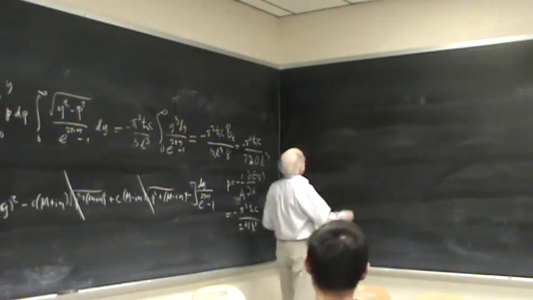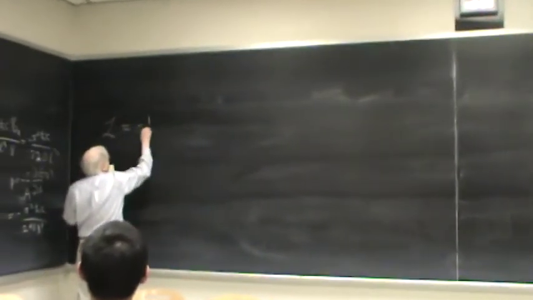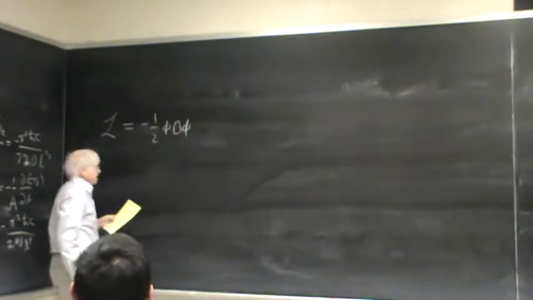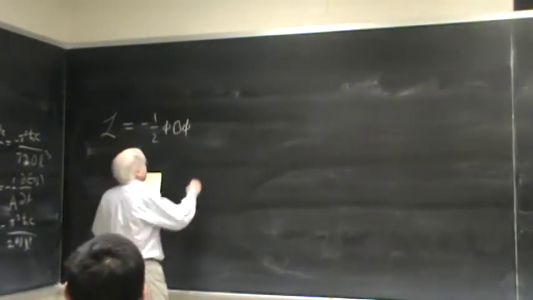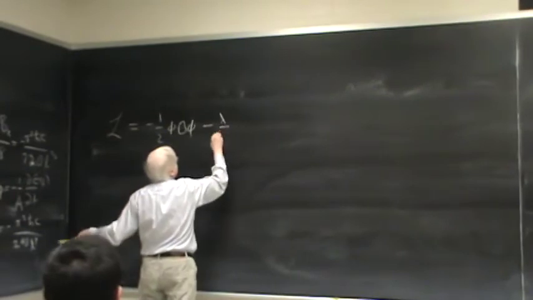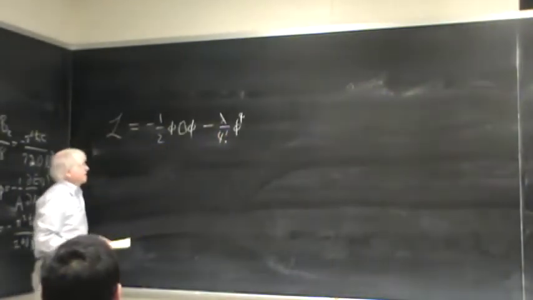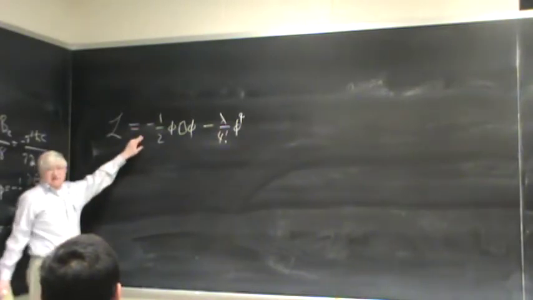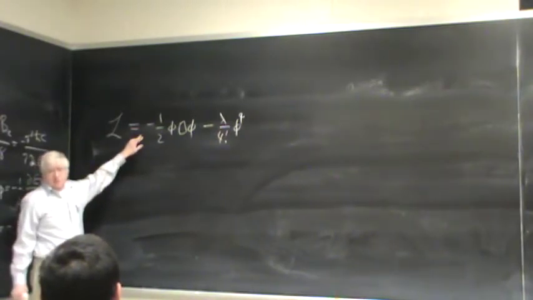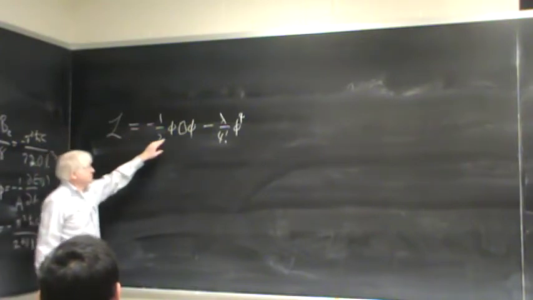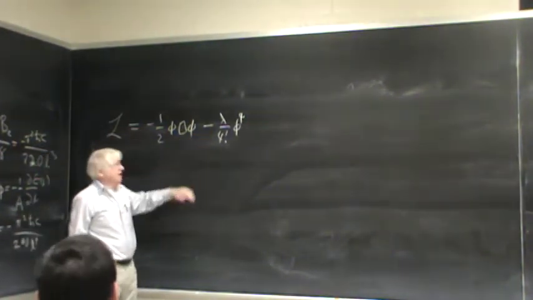Let's think, first of all, and I'm going to be following Schwartz here, about the Lagrangian with the kinetic term, phi box phi, minus lambda over 4 factorial phi to the 4th. Okay, so this is very much like the Higgs theory that Rothberg was talking about earlier. The difference is that we haven't put in a mass term at all.